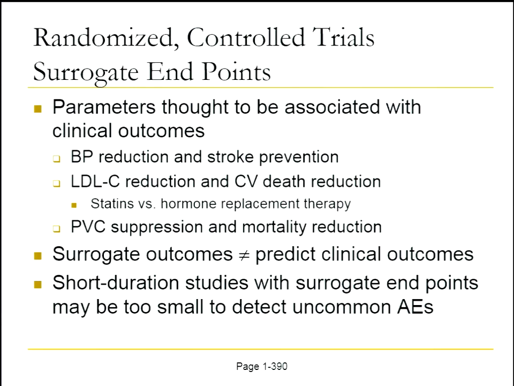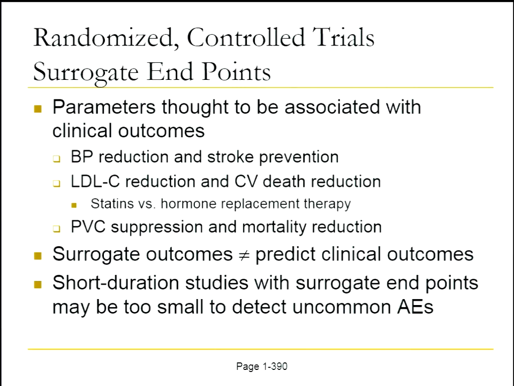Contrasting that with, we can do a really good job of giving antiarrhythmic drug therapy to reduce ventricular arrhythmias by suppressing PVCs. But in doing that, we've shown on multiple occasions that this kills people. So we usually don't give antiarrhythmic drug therapy to suppress PVCs any longer because it's associated with an increase in mortality.